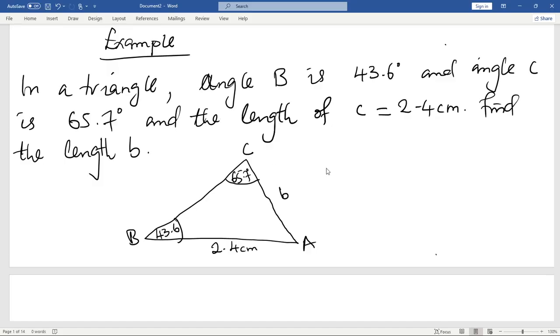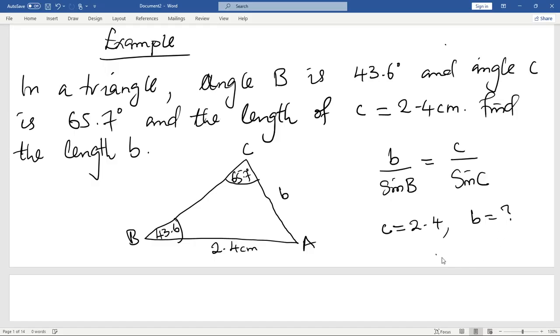Now recall that the sine rule states that b over sine B should be equal to c over sine C. The value of c here is 2.4, and the value of b is what we are looking for.